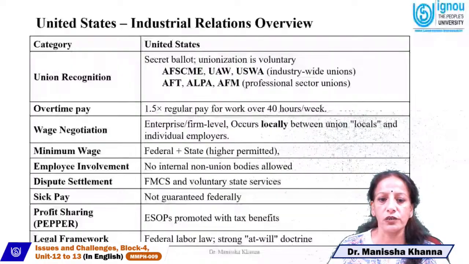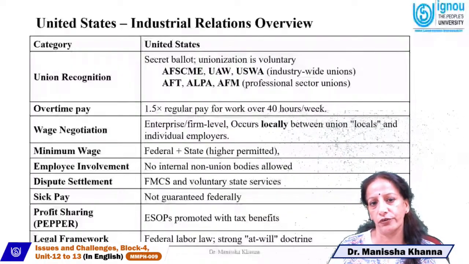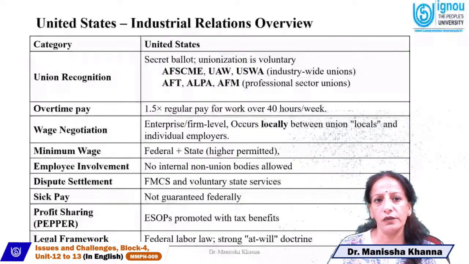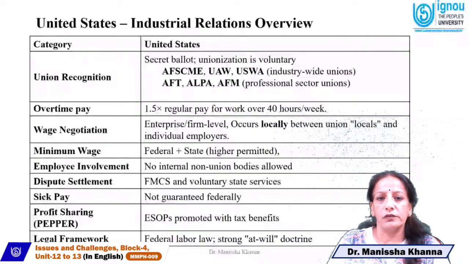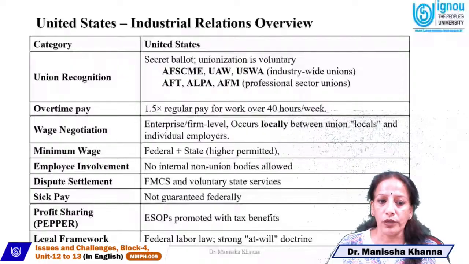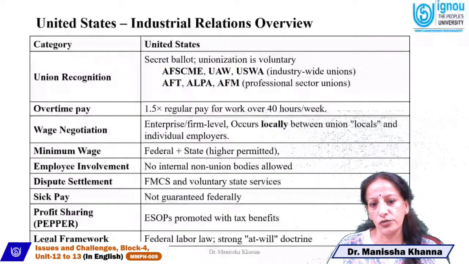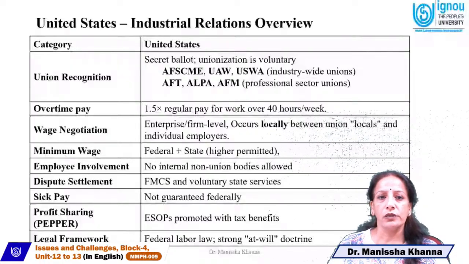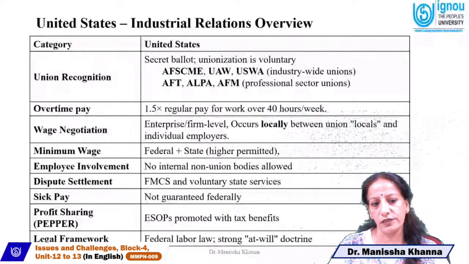In the US, the federal government and the states both have minimum wages. If the state has a higher minimum permitted, then it goes along with the state minimum wage. Then for employee involvement, in the US no internal non-union bodies are allowed. Dispute settlement is done by FMCS and voluntary state services.